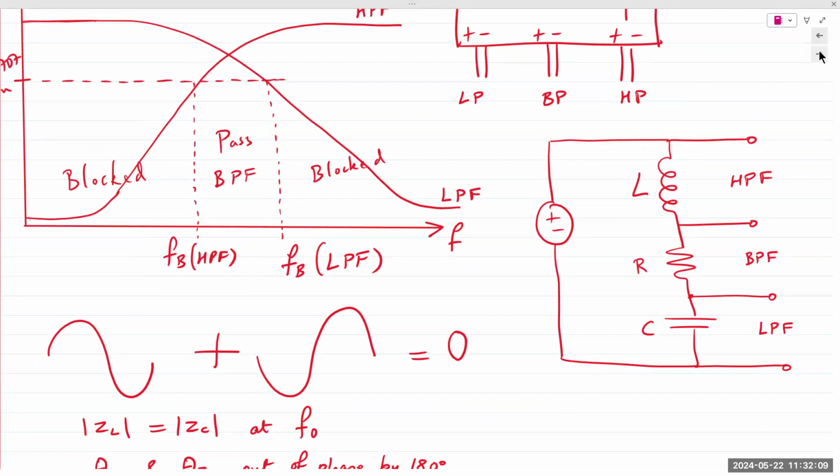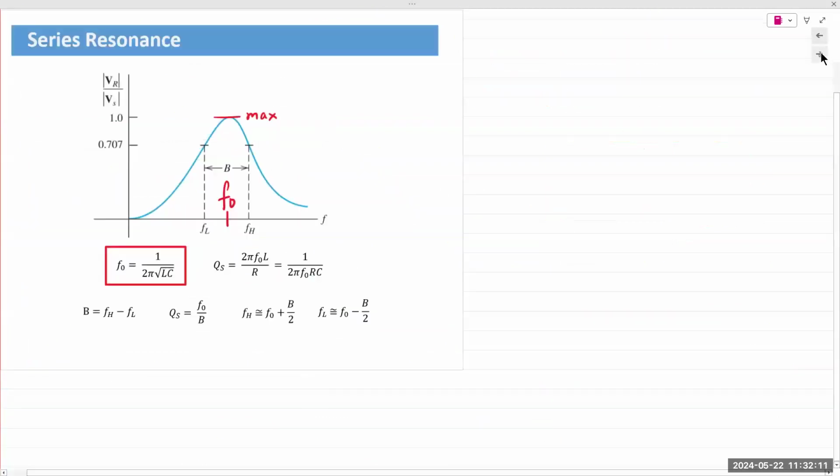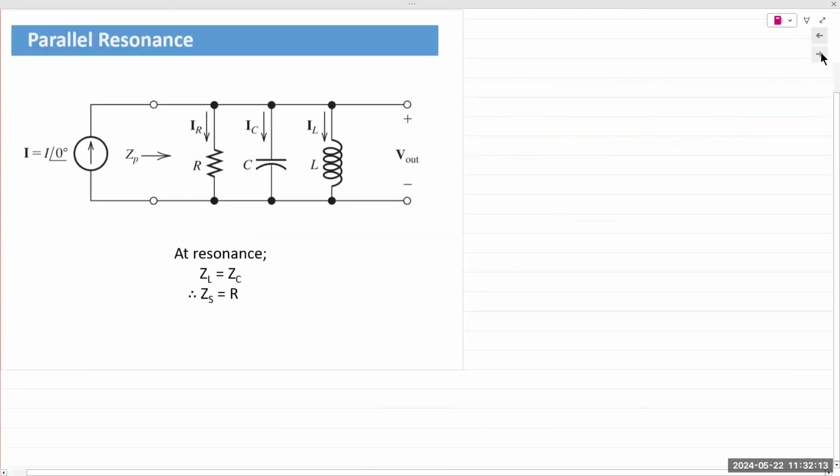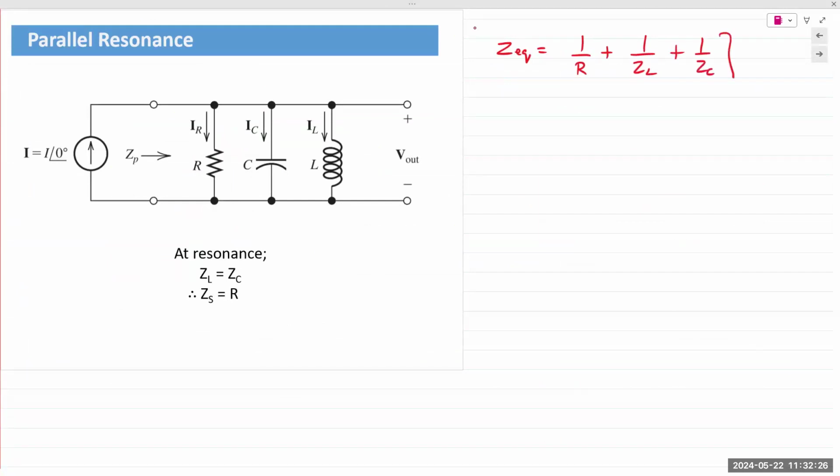I was going to explain it later, but let me explain it now because the question came up. So how does it go to infinity in parallel? Well, in parallel circuits, ZEQ would be the reciprocal of the sum of the reciprocals. So 1 over ZL plus 1 over ZC, and then the reciprocal.